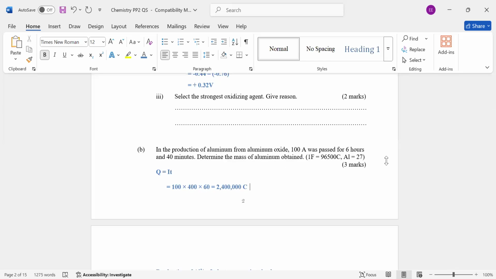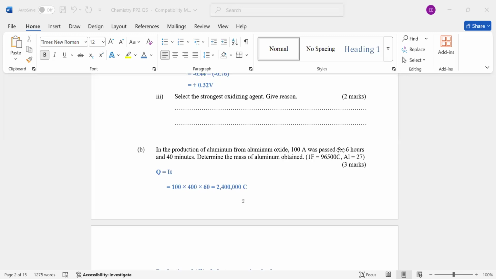We've just said that from this formula, Q is equal to IT, where I is current, T is time, and this time is in seconds. Let us take note of that. The time is in seconds. All of you are students of physics, so I believe that this formula is not new. In this particular case, we've been given the current of 100 amperes, which is this 100.